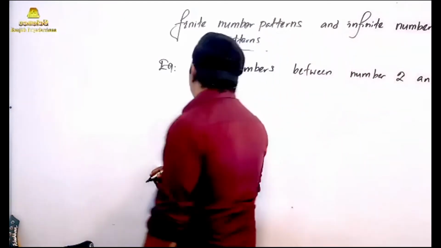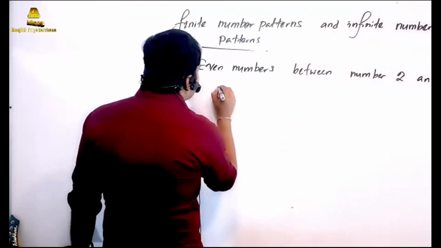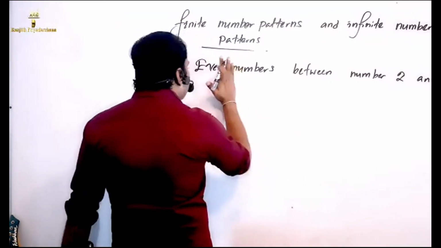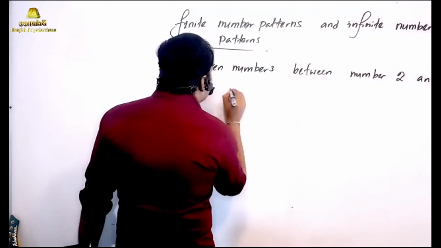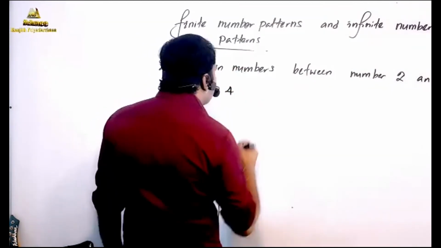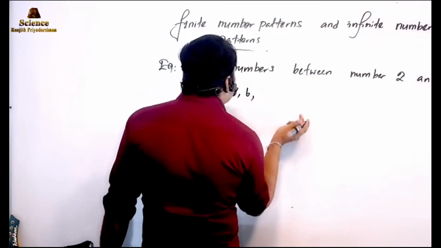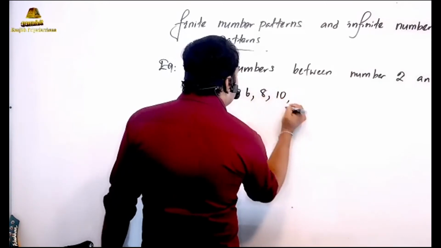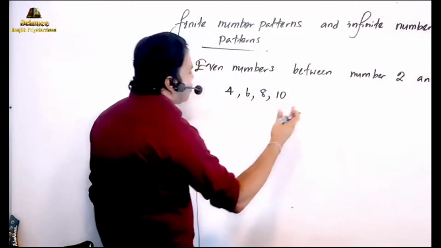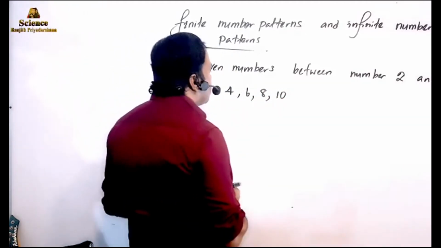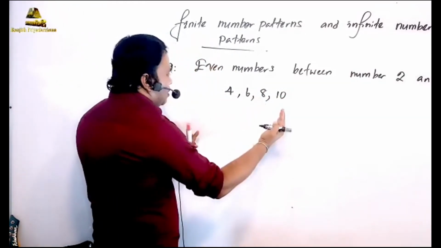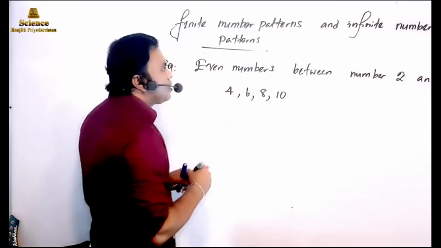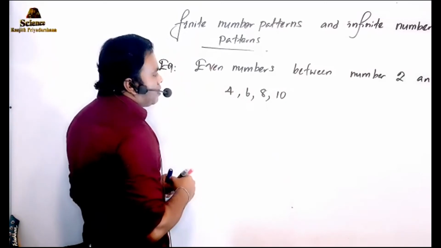So you can write, sorry, between, so you can omit 2. So that's 4, 6, 8, 10 only. Okay, so you can consider 4, 6, 8, and 10. So that's limited. There's an exact number of terms. Then we call that finite number patterns.